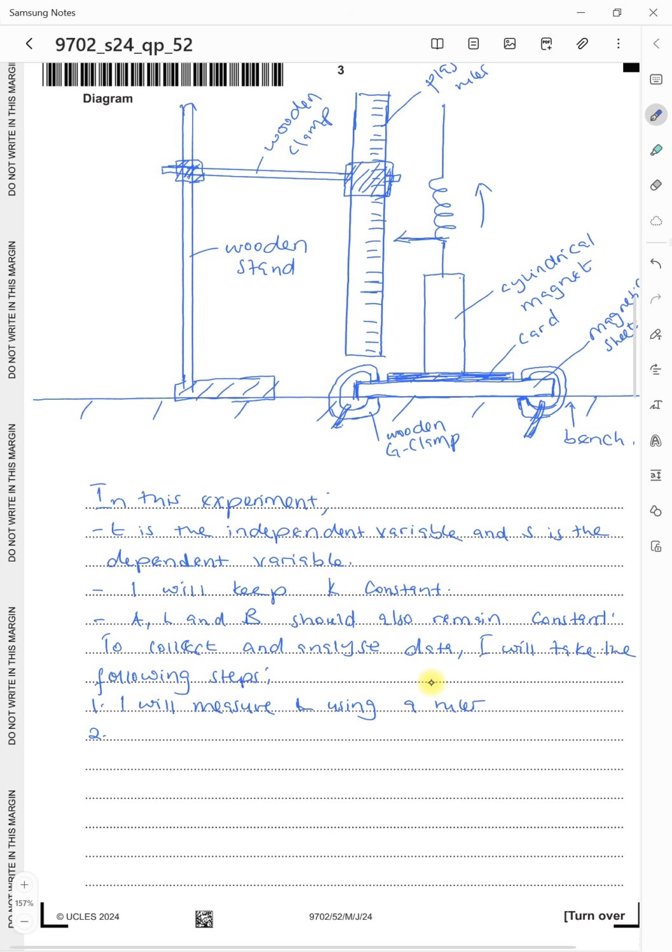Step number 2, I'll measure the diameter D of the magnet using a micrometer screw gauge.